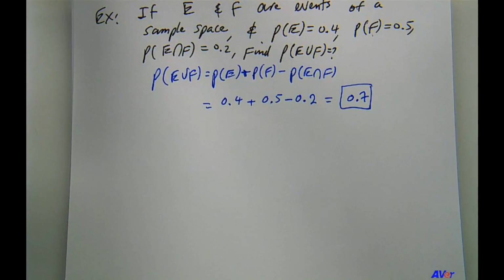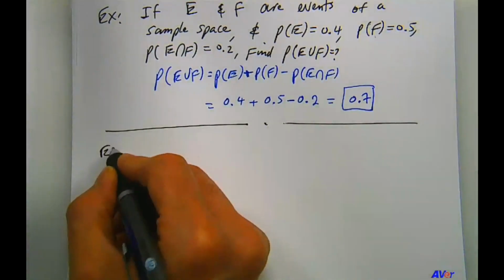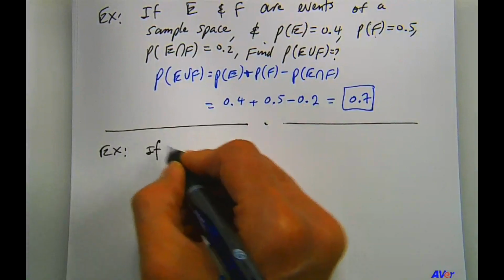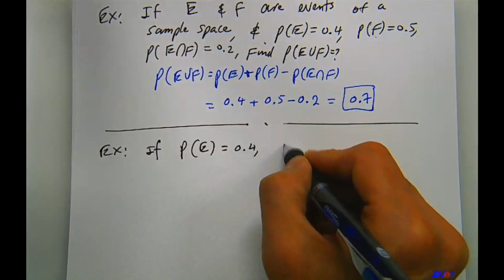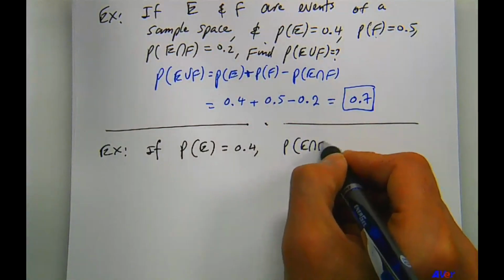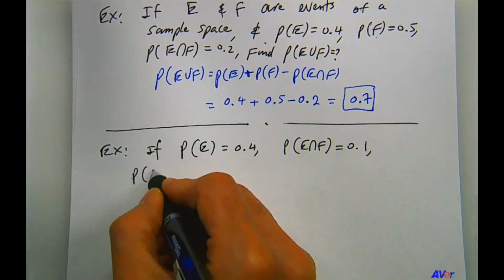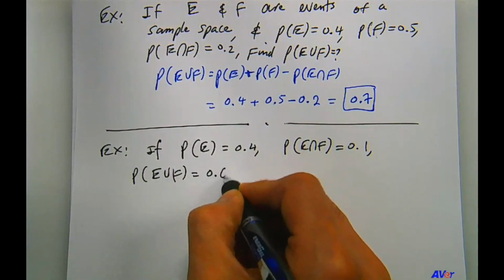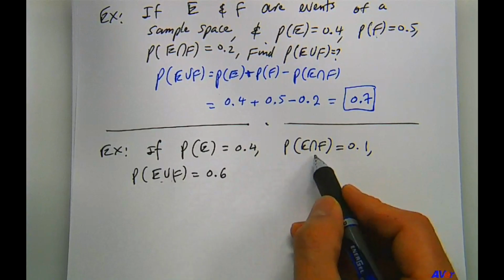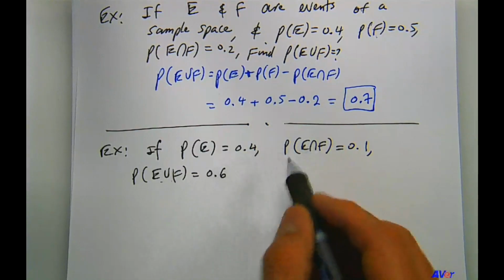So let's do another example. Watch the symbols. The symbols are speaking to us. So right there you have a union and an intersection. Your mind should immediately remember the additive rule when you see these two symbols together.